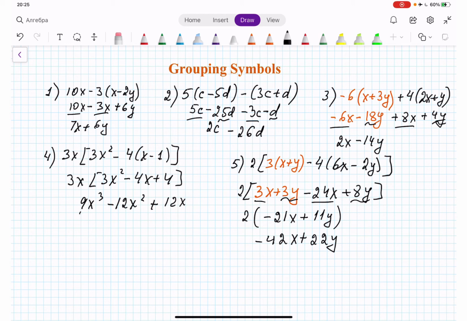Question number 6. It's going to be 4 times 6a minus 3a times 2a plus 2b and plus 6a squared.